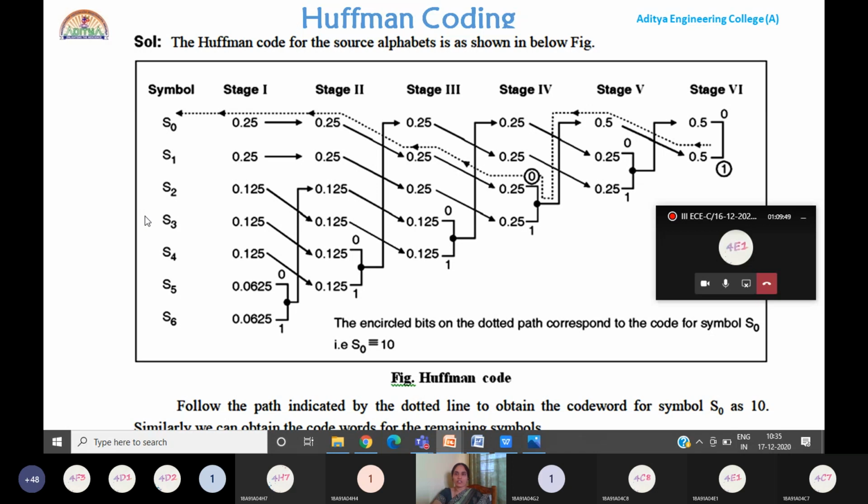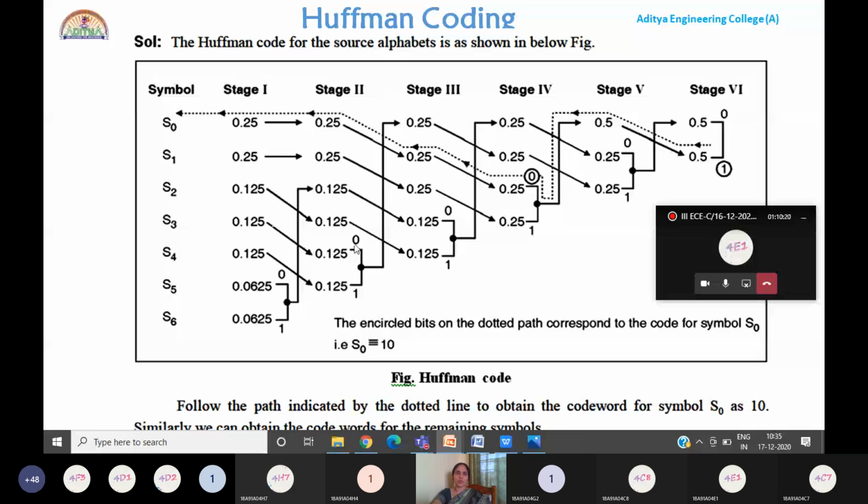Very good. For S2. Now, what is the code for S3? S3 code word. So here you have 0. Next, here no assigned value, 0, 1. Next, it is 0. Can you tell me what is the code word for S3? See the order of S3. Here in stage 1, it is in the 4th position.